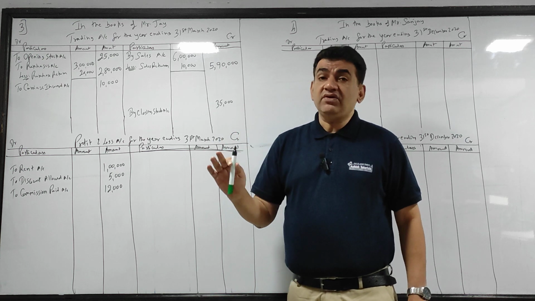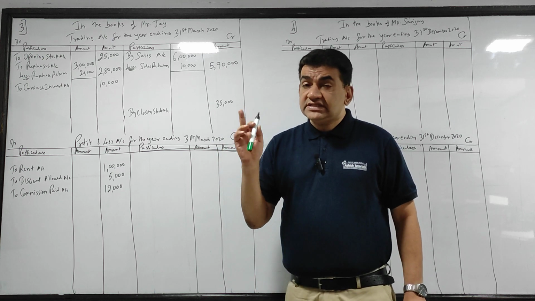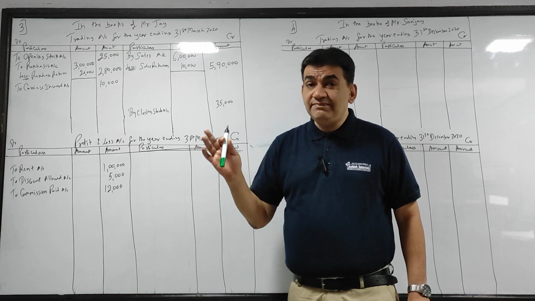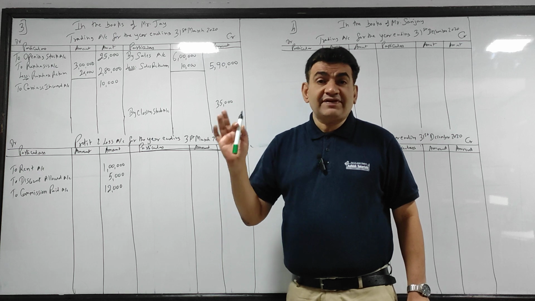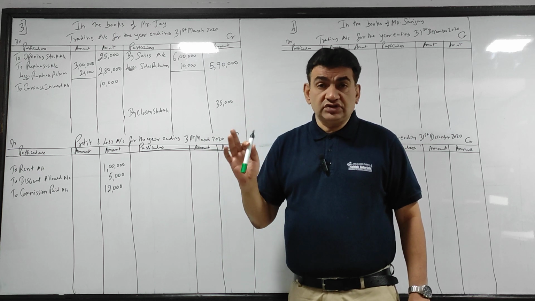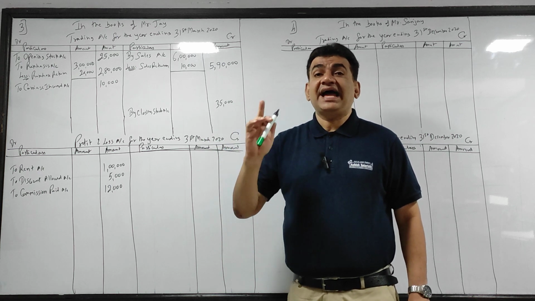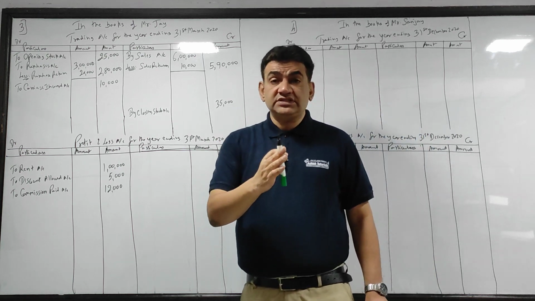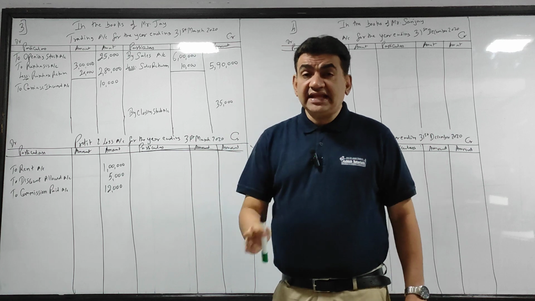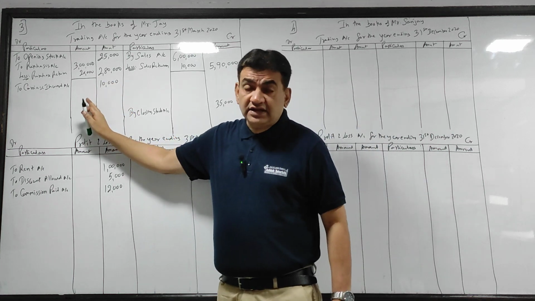Wages is the salary paid to the workers. Workers work in the factory or directly on the goods. It is a direct expense. We did both sums in the previous class. Wages is a direct expense, so we will debit trading account.